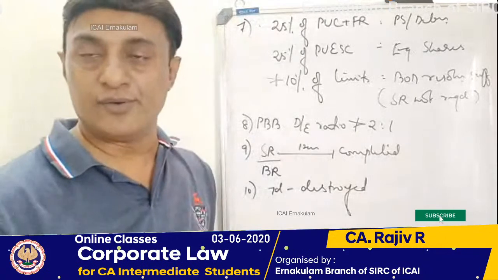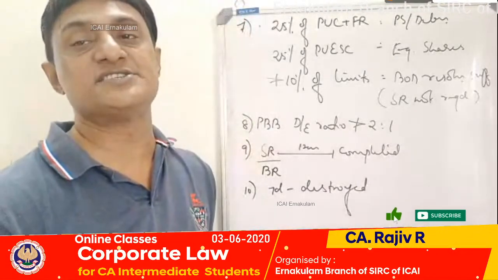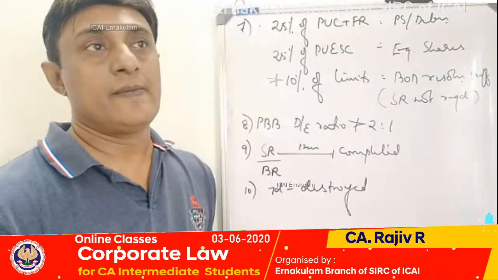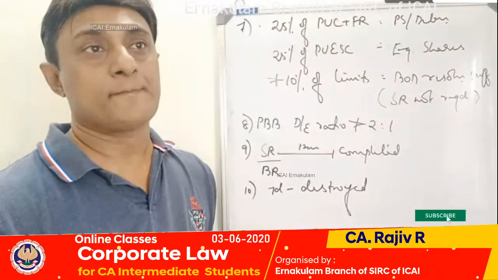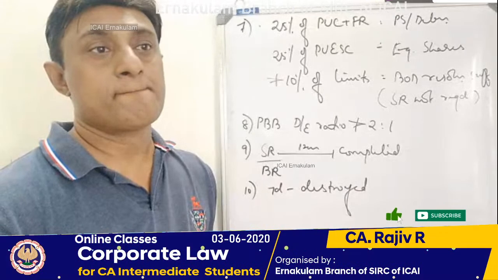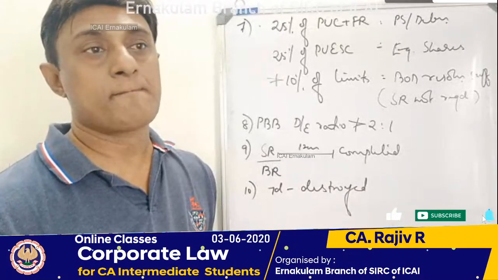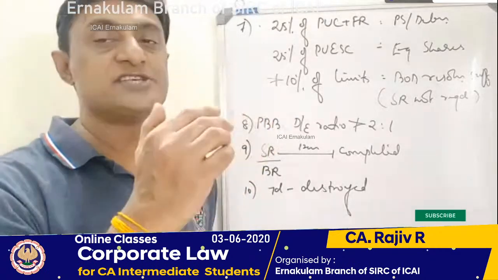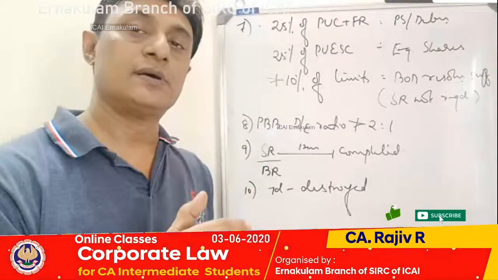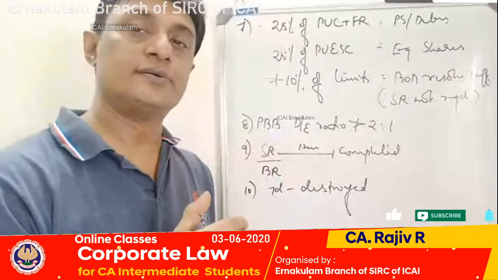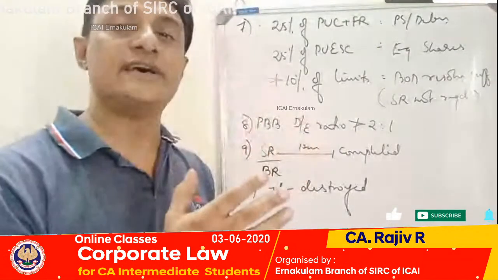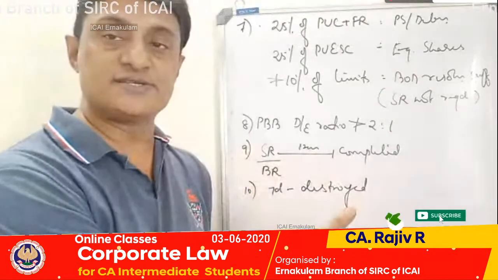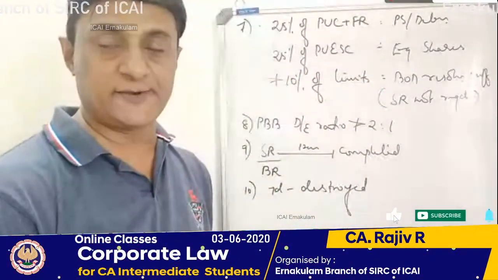Another number, within 7 days of the last buyback. So the securities bought back shall be destroyed, electronically recorded as such if it is in the demat form, within 7 days of the last buyback.